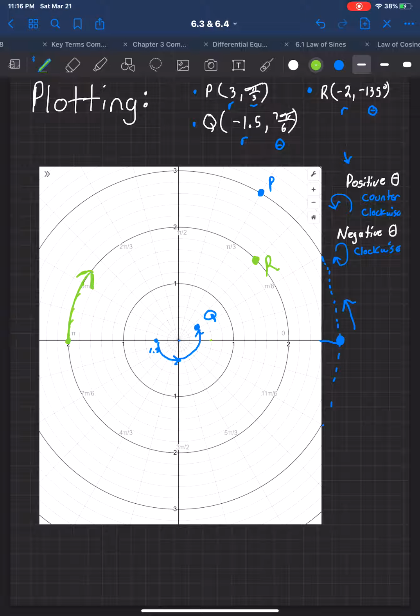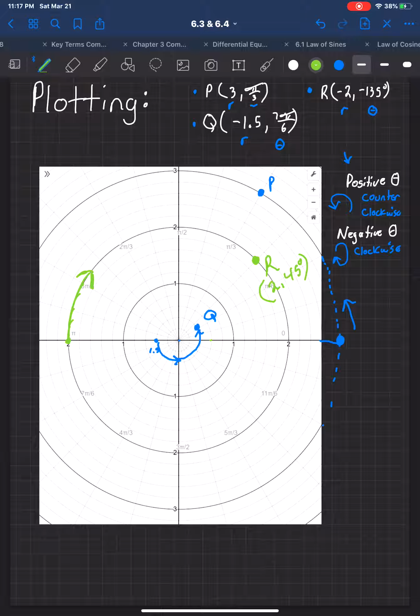All right, so notice that R, I'm going to go ahead and show you something really quickly. Although the point that we plotted was (-2, -135 degrees), the point (2, 245 degrees) would have put us in the same position, right? So R could be captured as the point (2, 245 degrees) or as the point (-2, -135 degrees).